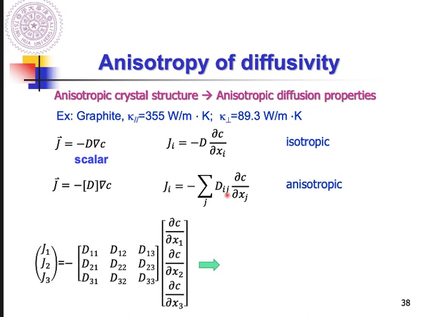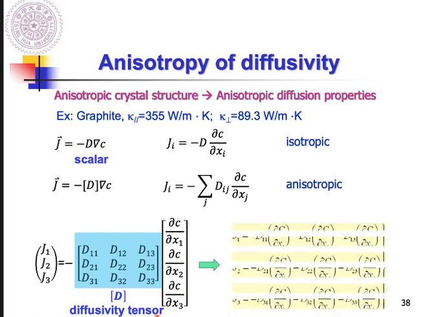Okay, so to deal with anisotropic diffusivity, or an anisotropic crystal structure, we have different fluxes along different axes 1, 2, 3. The flux J1 equals the diffusivity tensor times the concentration gradients along the 3 axes. In order to complete the flux J1, you use this times this, right?